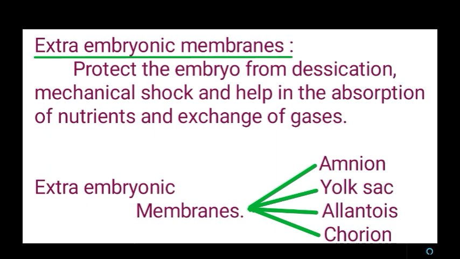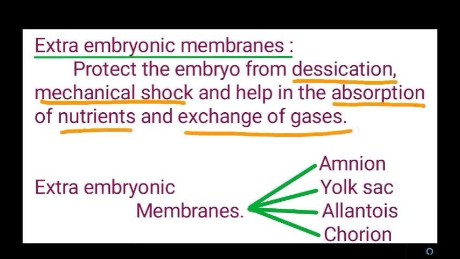In order to protect the embryo, it produces extraembryonic membranes. The embryo is protected by certain membranes called extraembryonic membranes. What are the functions of these membranes? They protect the embryo from desiccation and mechanical shock, and also help to absorb nutrients and for the exchange of gases.